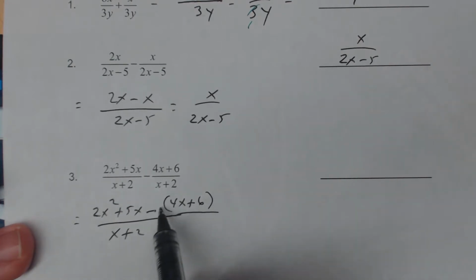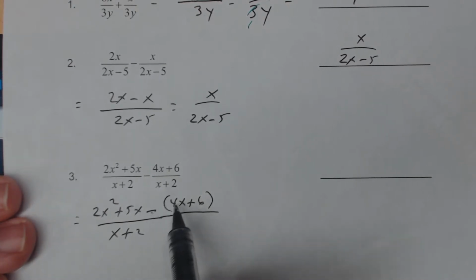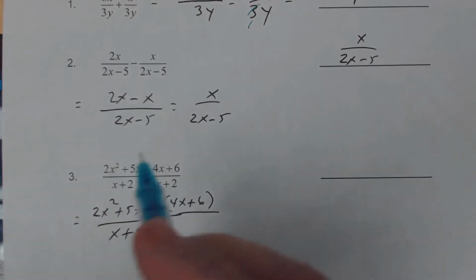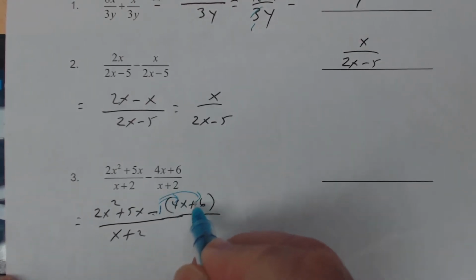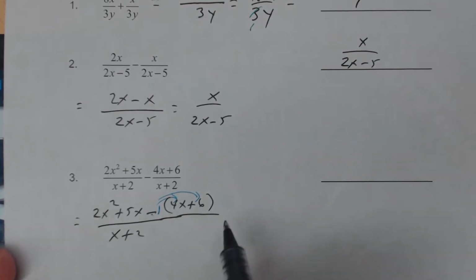Alright? Now let's get rid of the parentheses. You could think of this in several ways. You're subtracting, which means you're adding the opposite. So you'd say plus, and then take the opposite of 4x and the opposite of 6. Or you can think of this as minus 1, and you're going to distribute a negative 1 through here. So let's just go ahead and do the distributive.